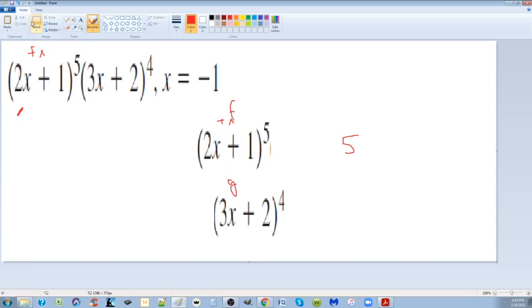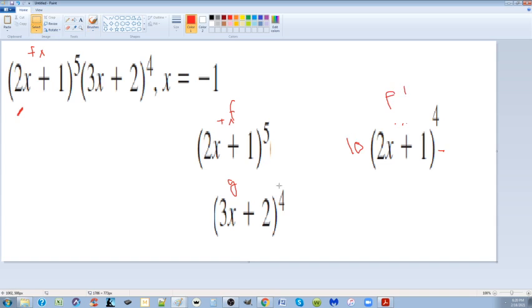So it's 5 times that to the 4 times the derivative inside, which is 2. So now the 2 can go times the 5, and I get 10 in front. So that is f prime right there.